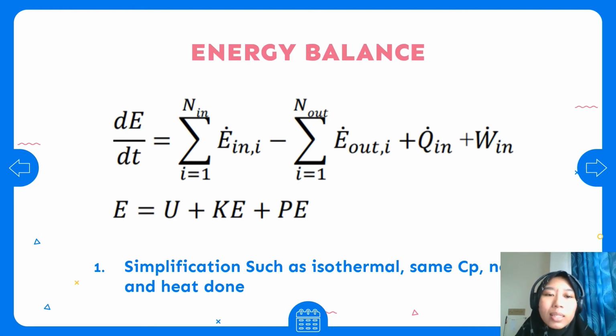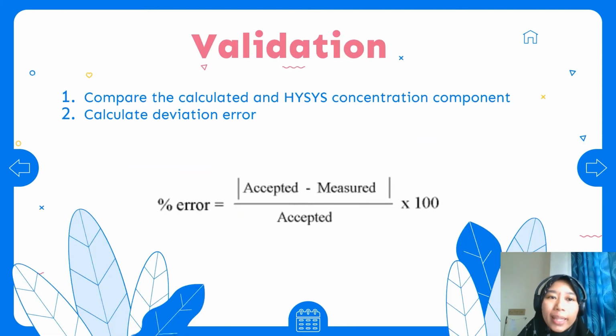We have made some simplifications to make our energy balance simpler. We have assumed the system is isothermal and has the same CP, which is the specific heat capacity, and also no work is done and no heat is transferred, so the system is basically adiabatic.